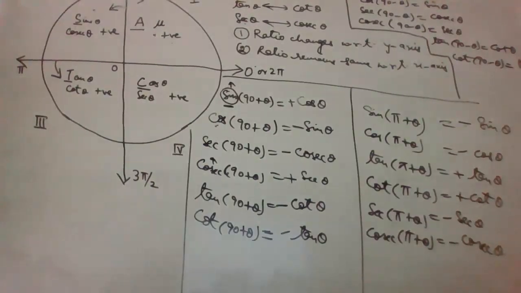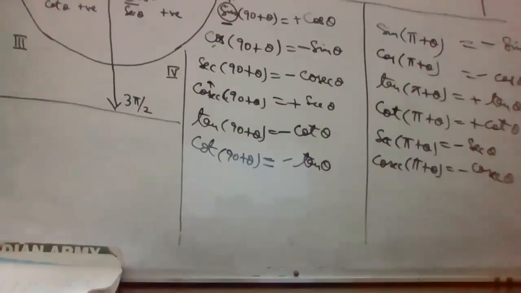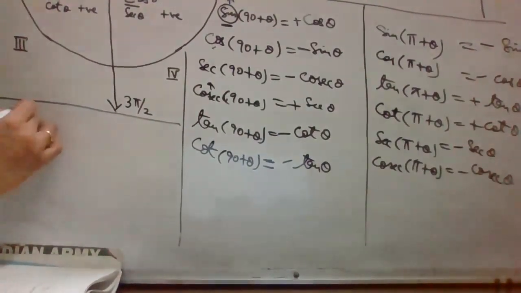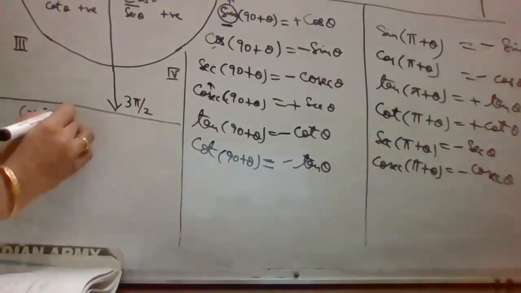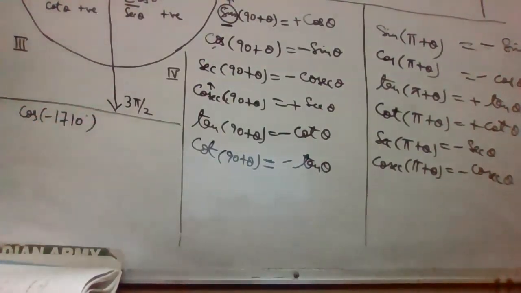Okay, let us see an example based on this. Is it visible to you? We need to find out cos(minus 1710 degrees). This is example 9 of your book. First of all, we need to apply cos minus theta.